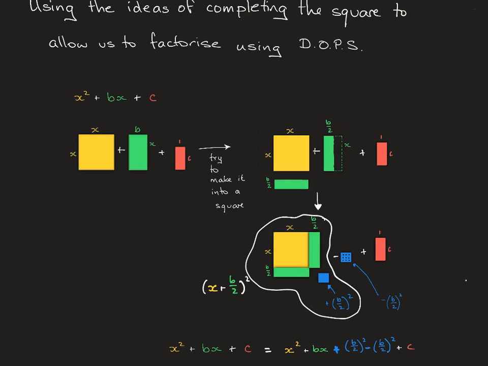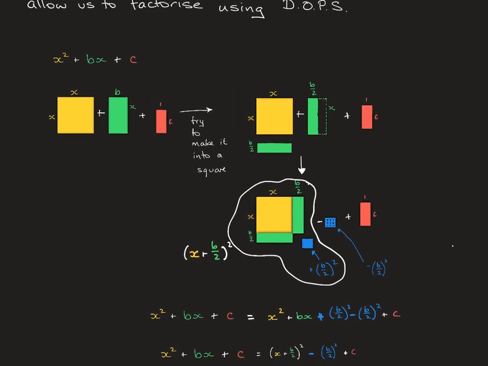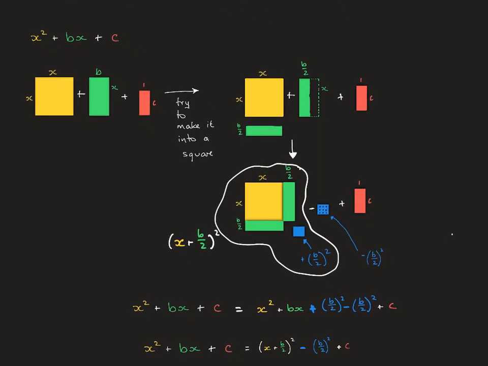So this is what we call completing the square for that particular function. But the other way that we can do it, and this is the more useful way, is that we can write it as a square, as a perfect square.